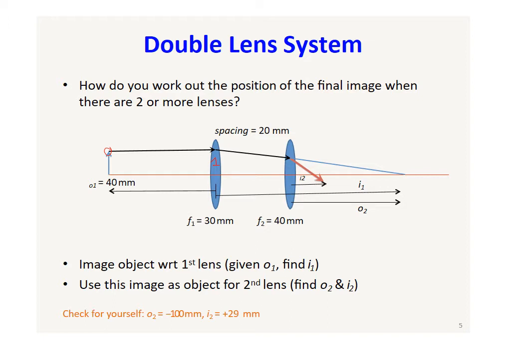If we ignore lens number 2 for now, then these light rays will continue along their way until they converge somewhere out here, and that point of convergence is going to be the corresponding point on the image. So we know how to work out this distance here from the lens out to our real image. We'll call that I1.